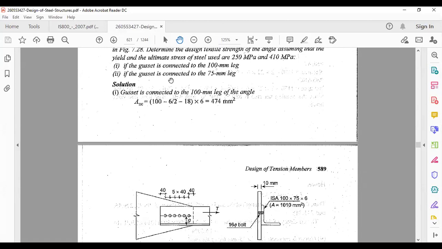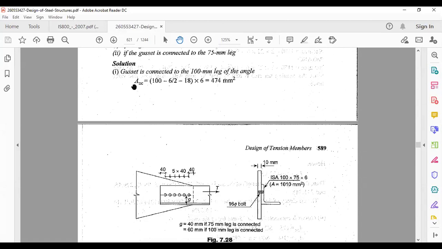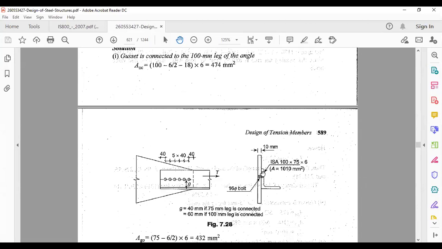Don't worry about that. You can see here, the calculation for ANC has been done. How have they done it? The connected leg is this 100 mm leg. In that, a 16 mm bolt is provided, so the bolt hole diameter will be 18 mm, 16 plus 2 mm clearance.